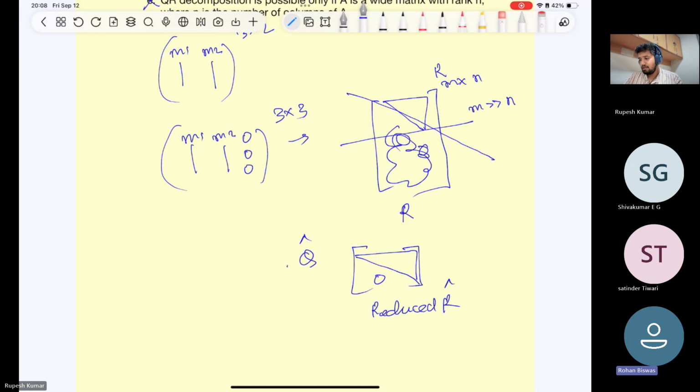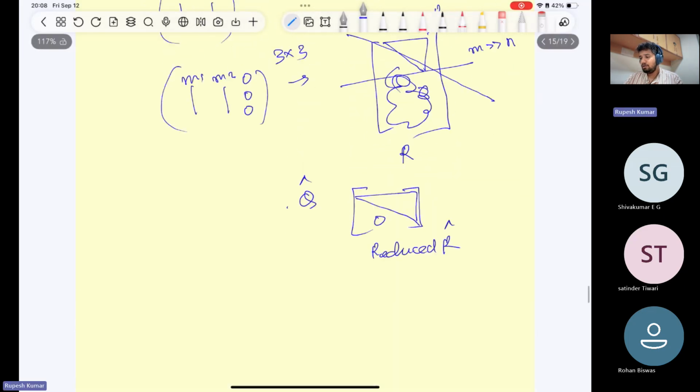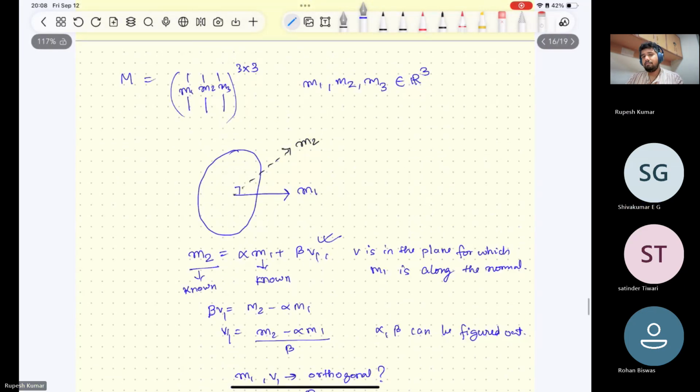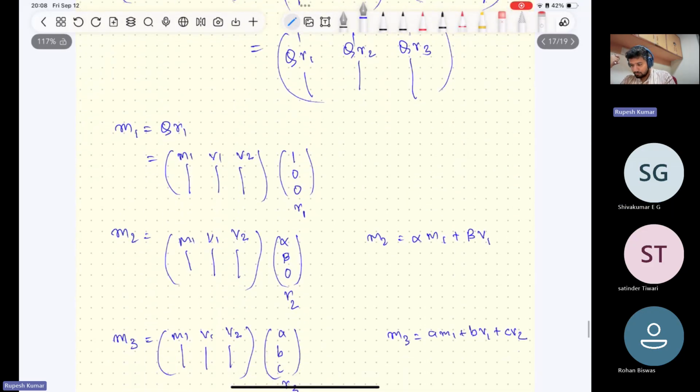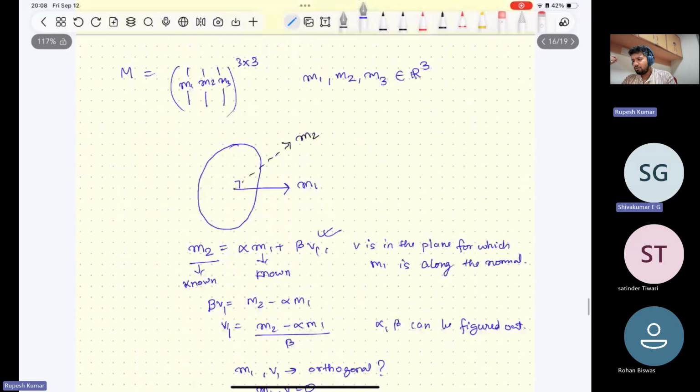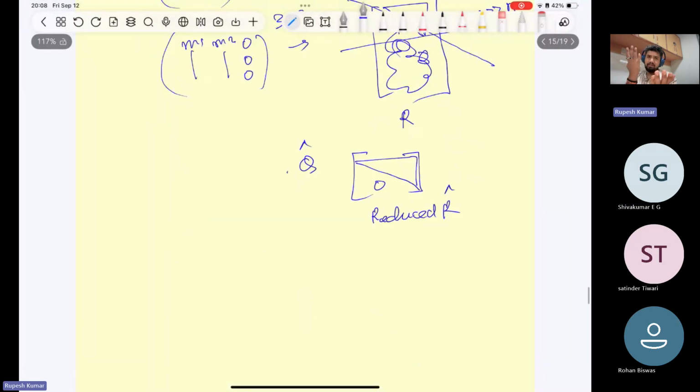Why it is useful is because, say you are doing some calculation with QR decomposition. When I started the LU decomposition, I told you we use these because there are various use cases, like faster numerical computations and linear solves. So why do we want to use the reduced QR? It takes less space.